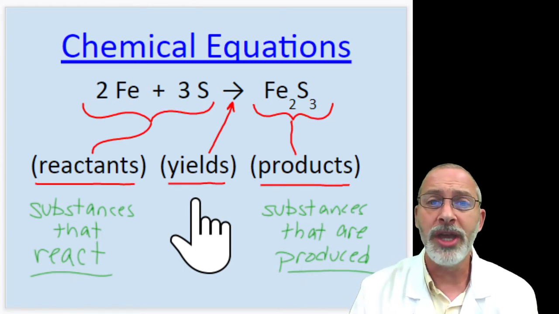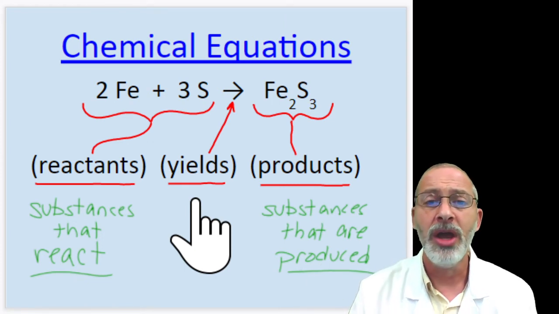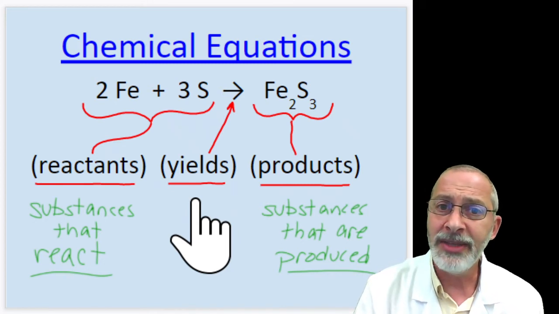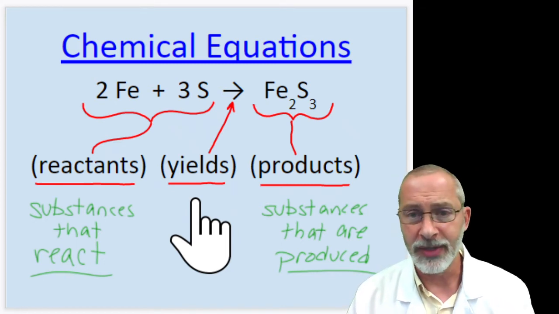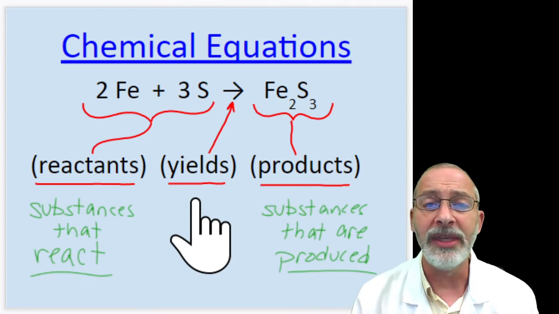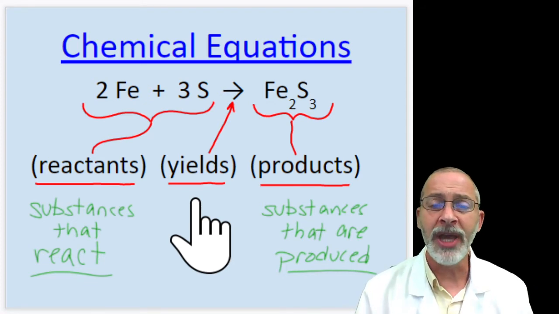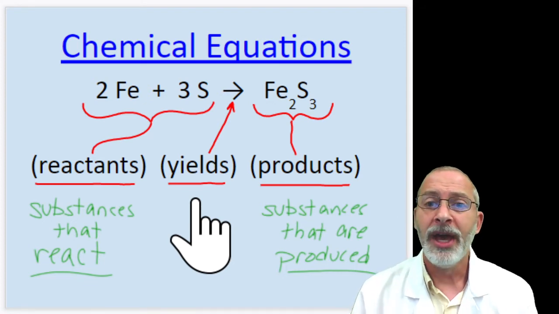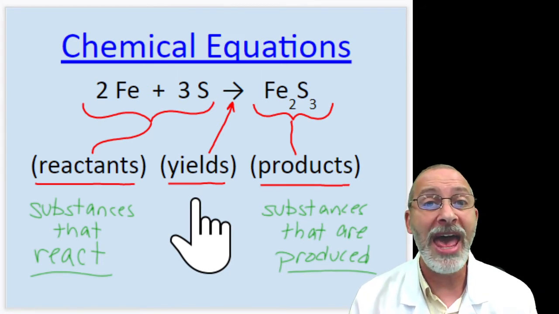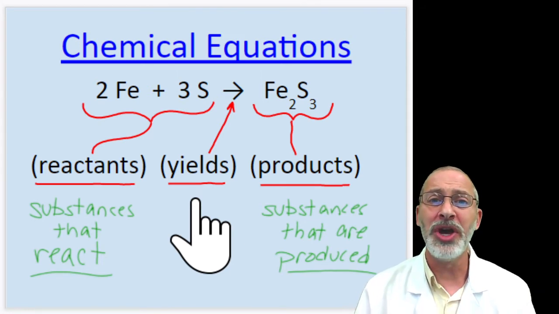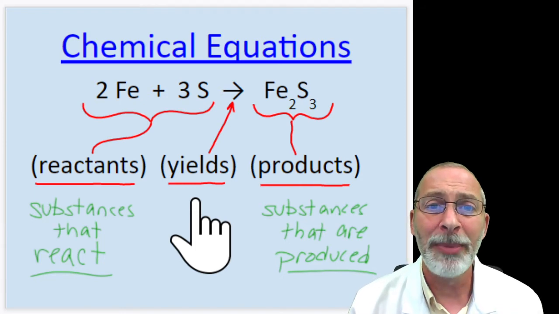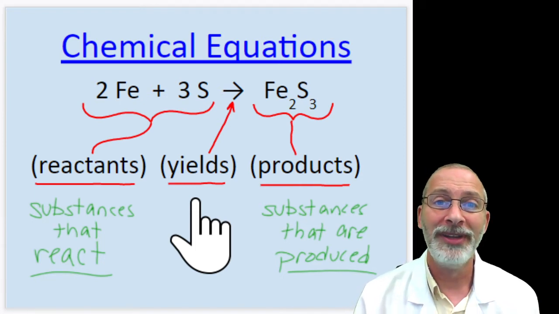But chemical equations, no matter what the symbols are, are made up of reactants and products, and they are separated by the yields symbol. Now, there's one more symbol there, capital letter S. Yell it out if you know what the symbol capital S stands for.